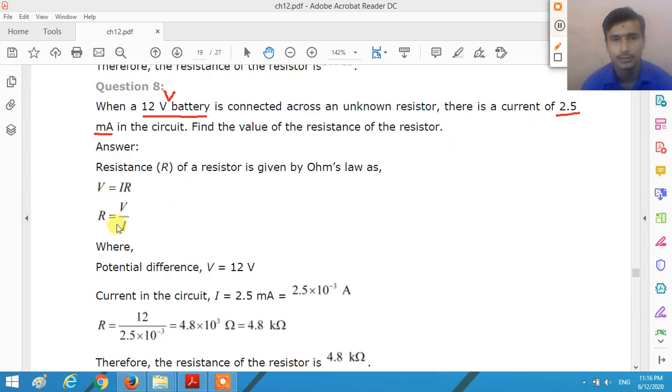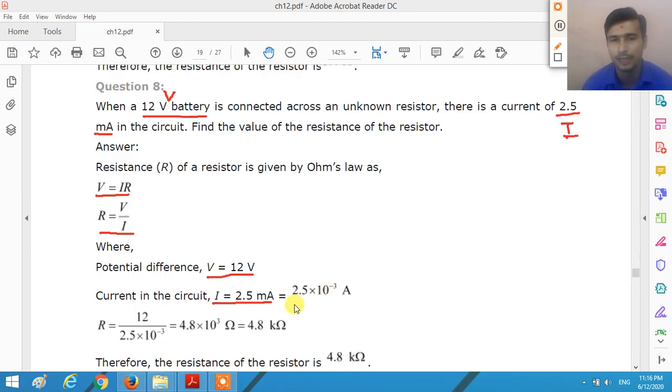So here, according to the formula of Ohm's law, V is equal to IR, we calculate the resistance R is equal to V divided by I. Voltage is given as 12 volt and current I is given as 2.5 milliampere. Milliampere means we need to convert into ampere.